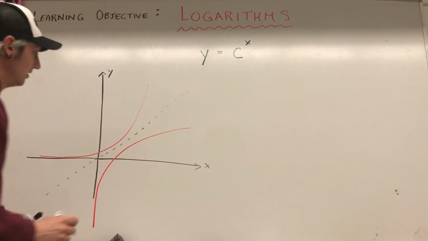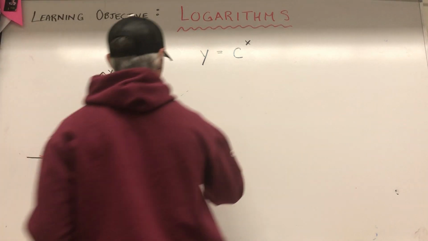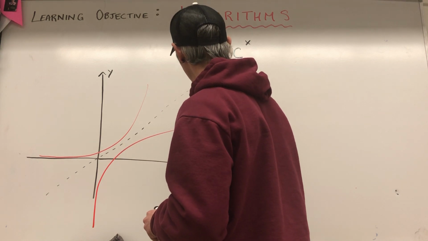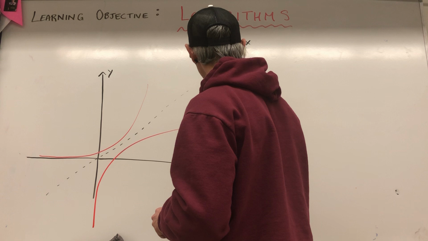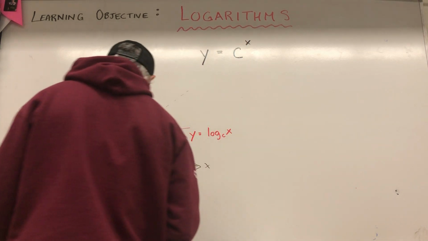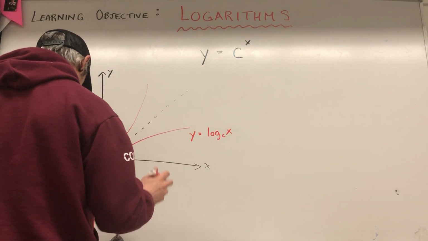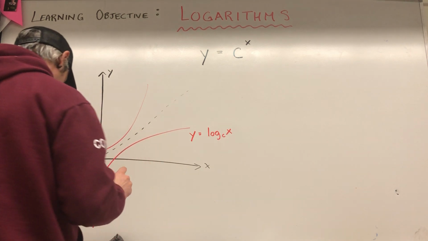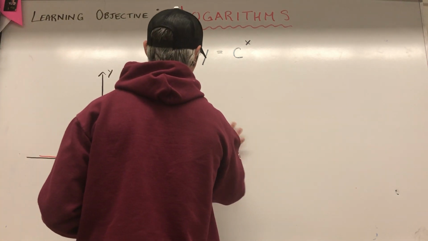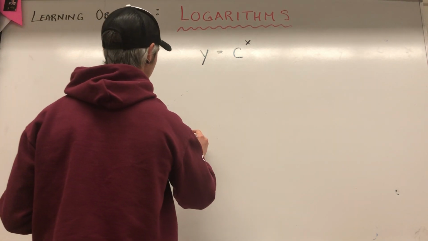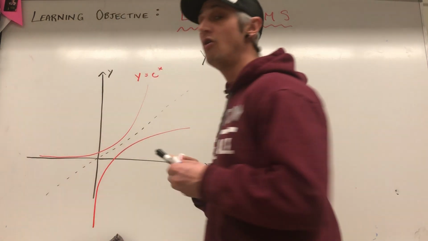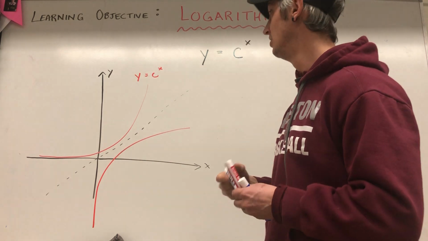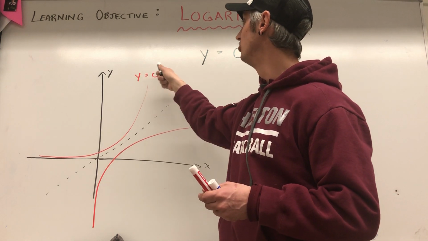Okay? This is a log, and this would be y is equal to log base c of x. Actually, we'll just put it in inverse form. So if this was y is equal to c to the x, we recall when we're doing the inverse of a function, we have to basically switch the variable.